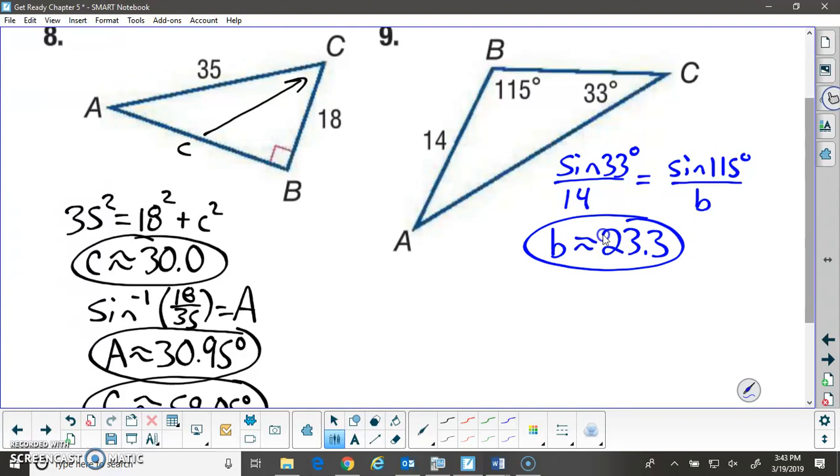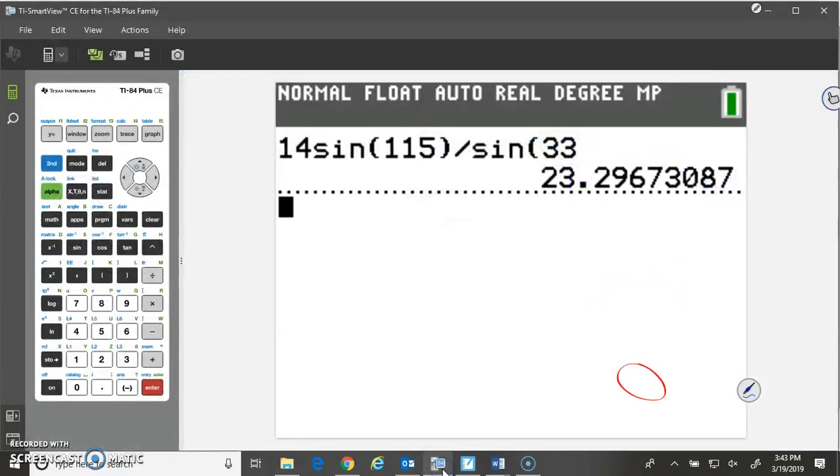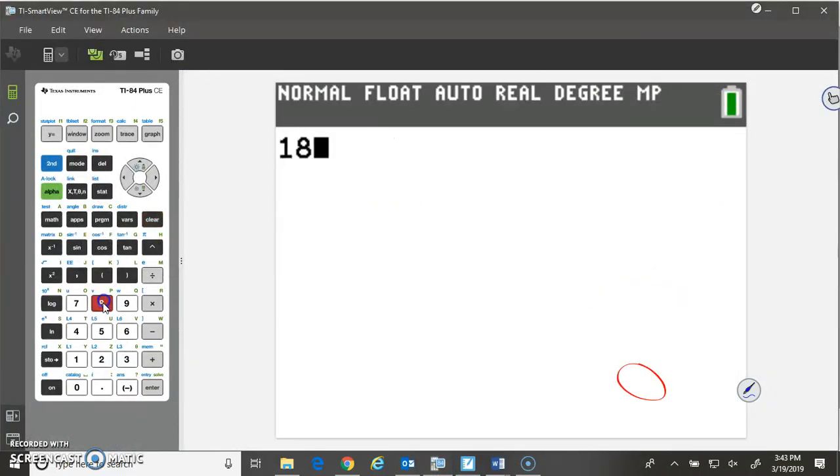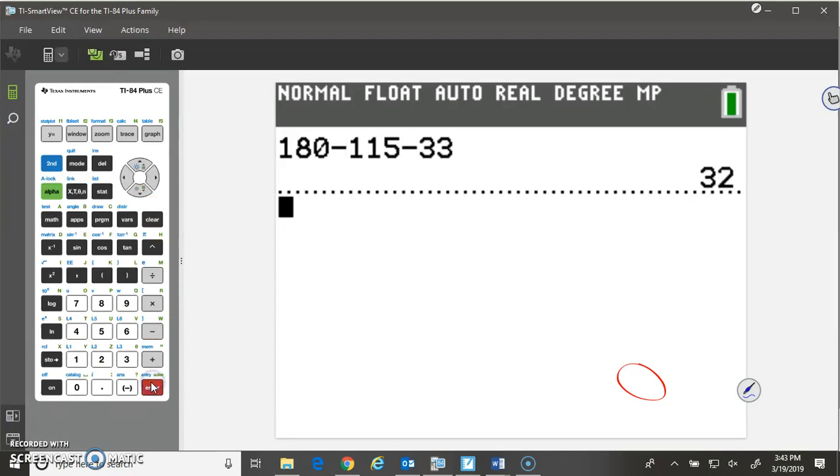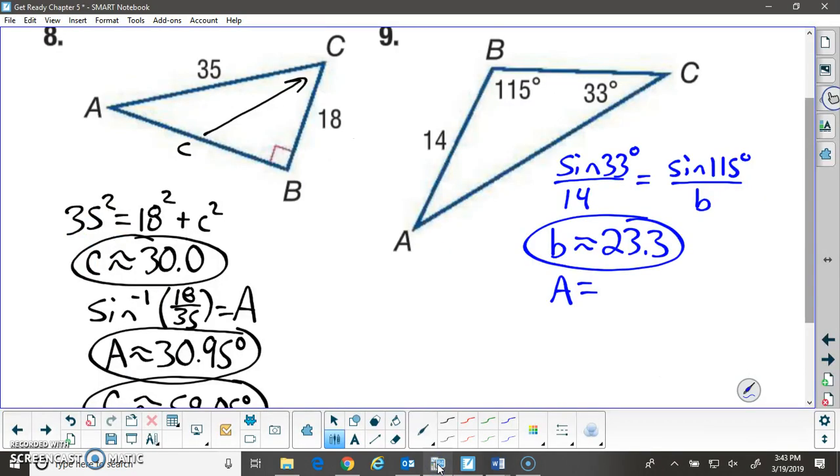And then we also know that angle A has to equal, if we take 115 and 33 degrees, we get 32 degrees for angle A.